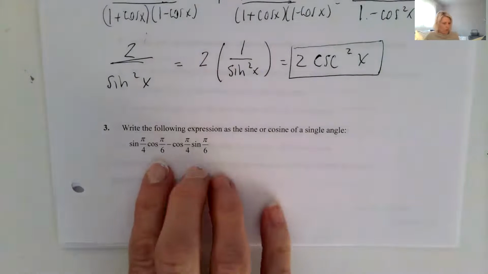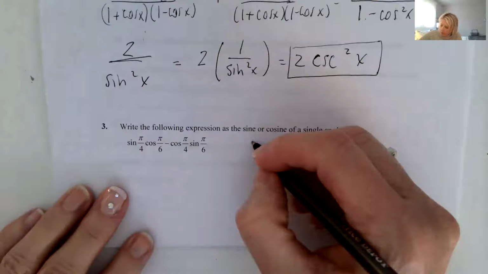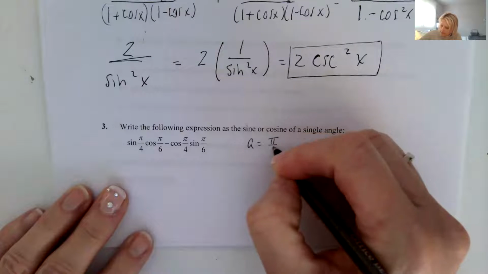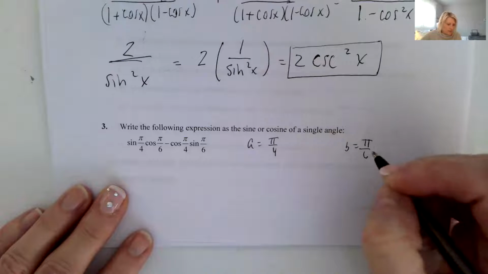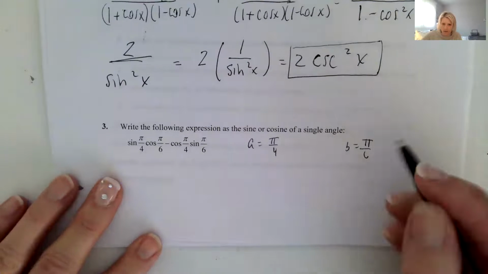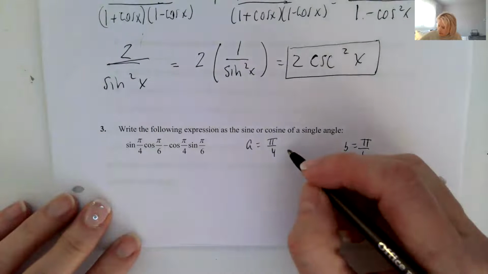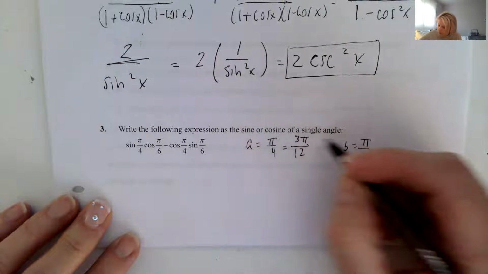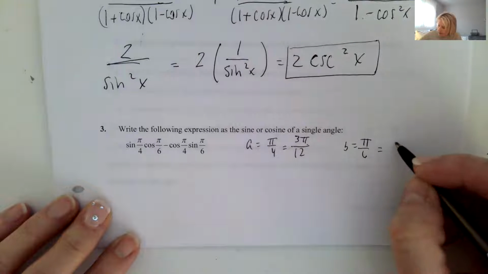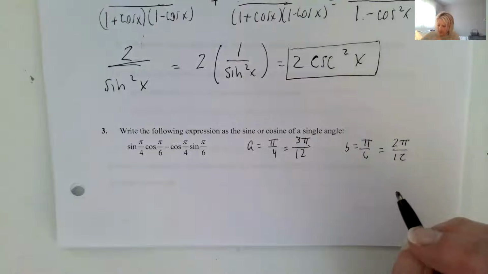So we have to figure out what A minus B was. A must be pi over 4, and B must be pi over 6. We need to get them into common denominators. It looks like a common denominator of 12, which would be 3 pi over 12 and 2 pi over 12.